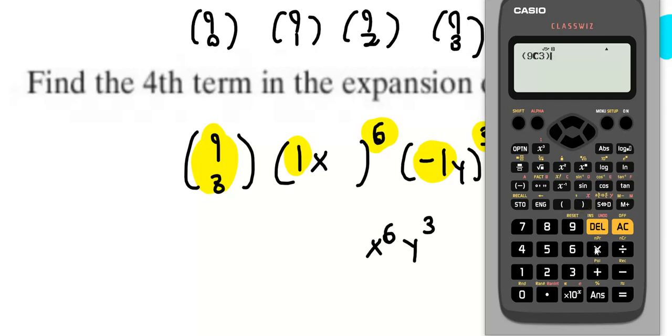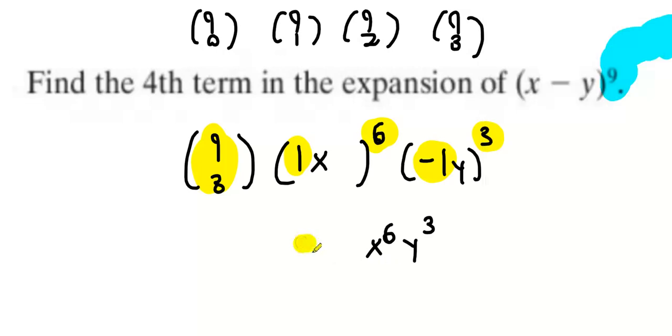And then it's 1 to the power 6, which we all know is 1. And then it's -1 to the power 3. I don't actually need to put multiply in. Don't know why. It's probably just stuck in first year mode. Glad somebody found it funny. -84. Yeah. And that's your answer.